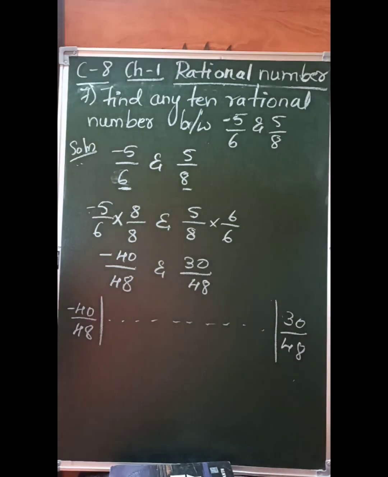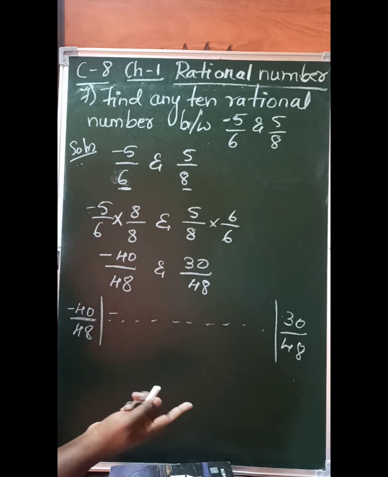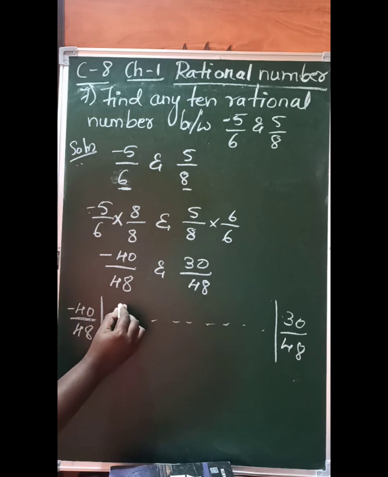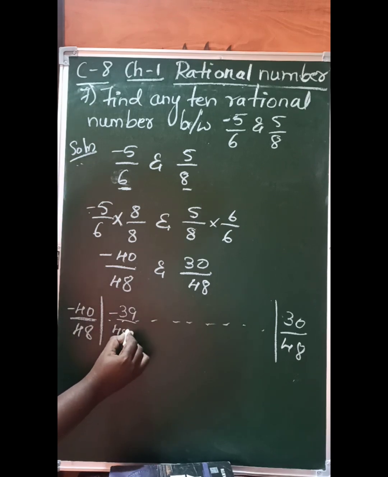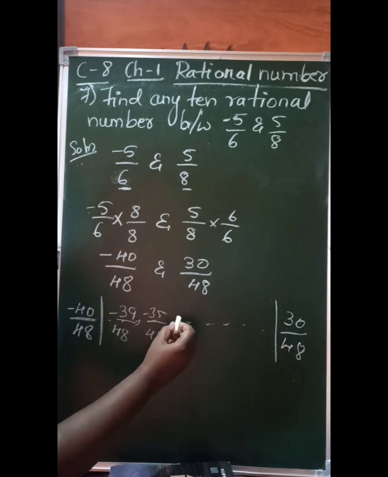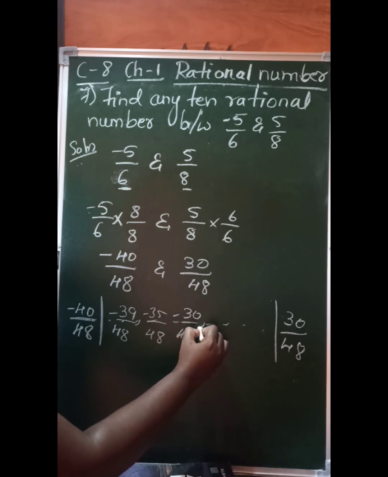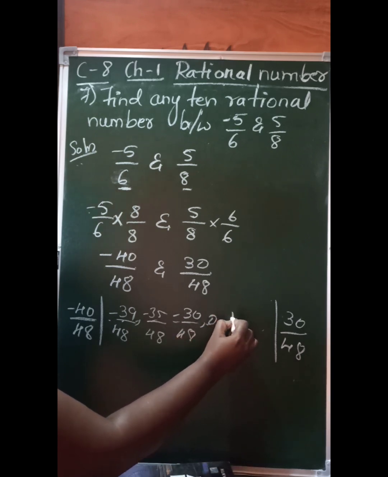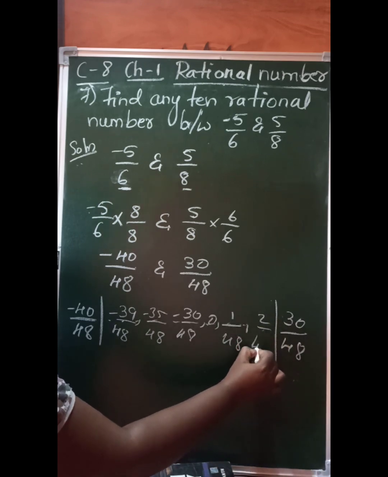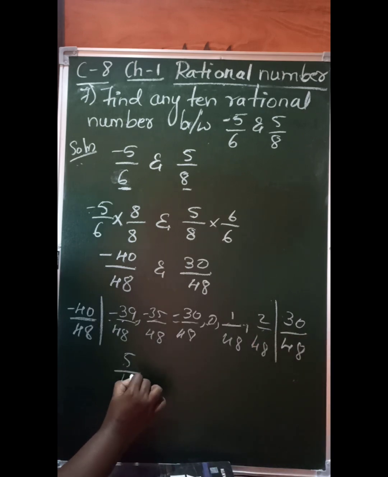For example, while writing from the negative side, you have to consider the lowest value, 40. So 40 means minus 39 by 48, minus 35 by 48, then minus 30 by 48, then 0 you can consider, then 1 by 48, 2 by 48, up to 30 you can consider, any of the numbers, 5 by 48.